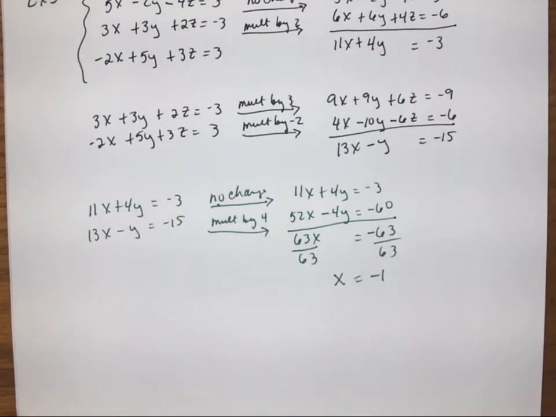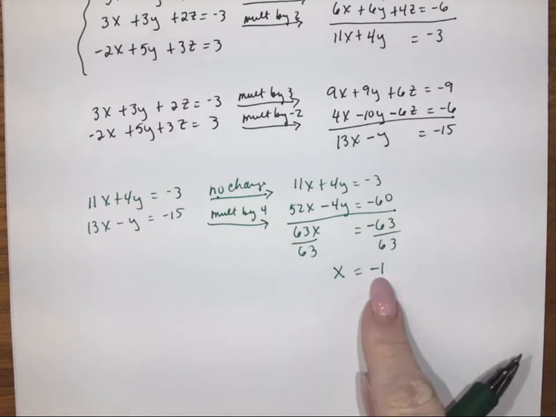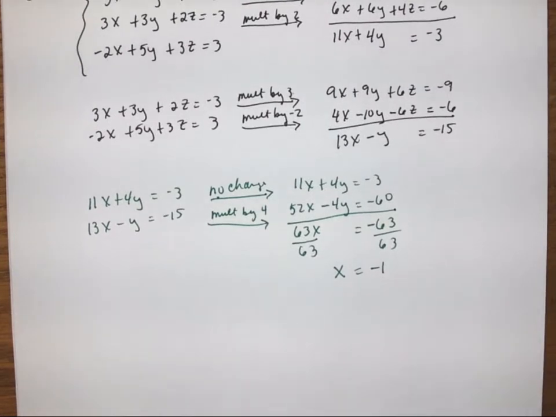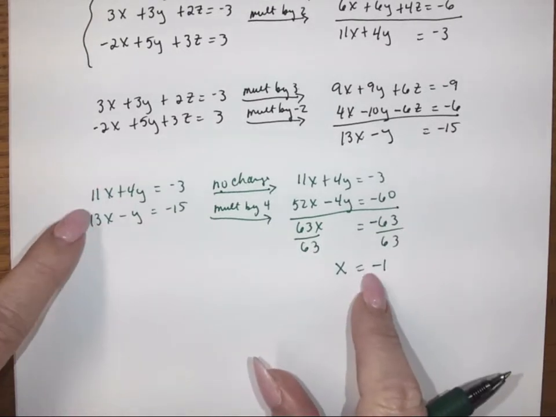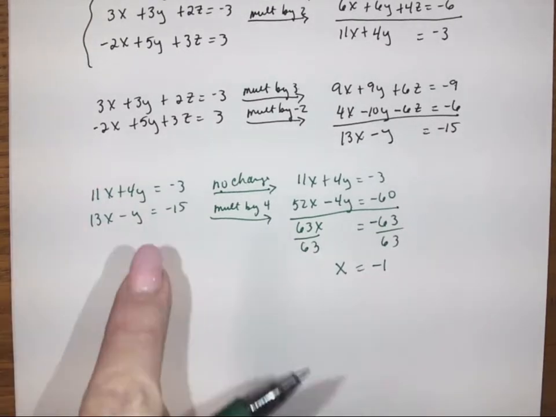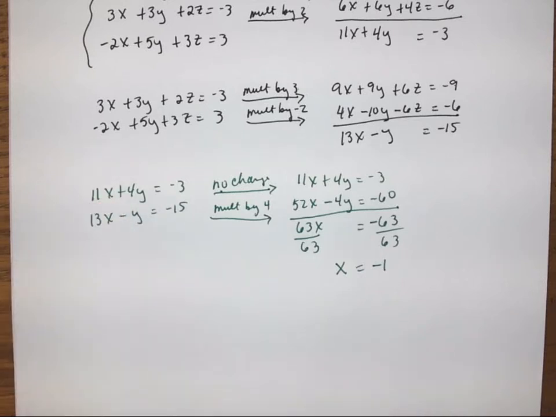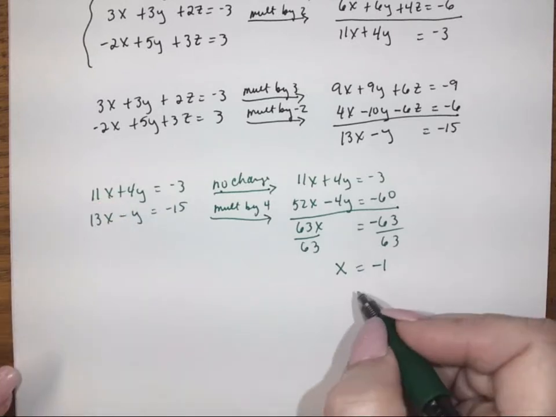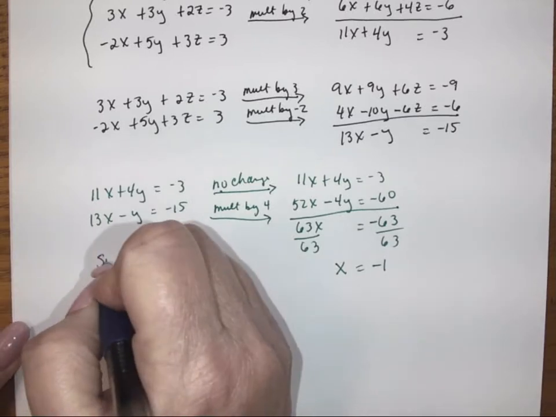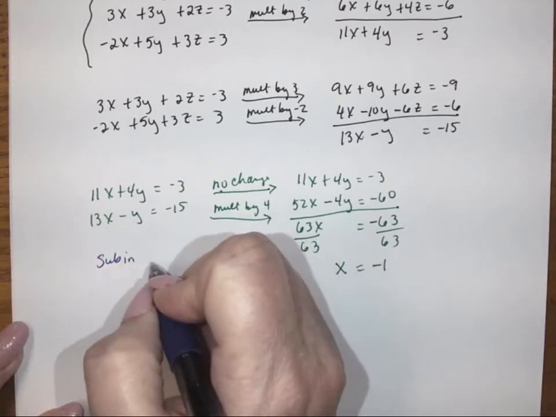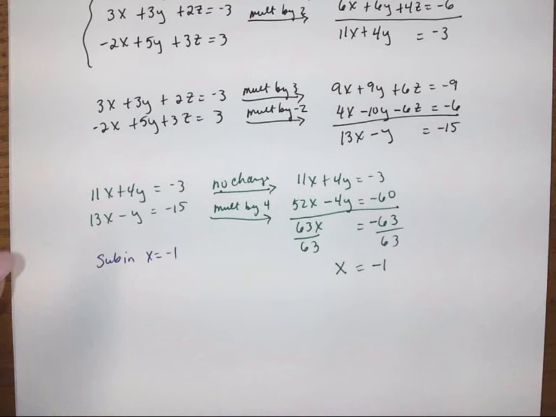So now that I have an x that is solved, I can solve for y. I can choose either equation right here to plug in my value of x. It doesn't matter which one. I'm going to choose the top one because my y value is positive. So now I'm going to sub in x equals negative 1.